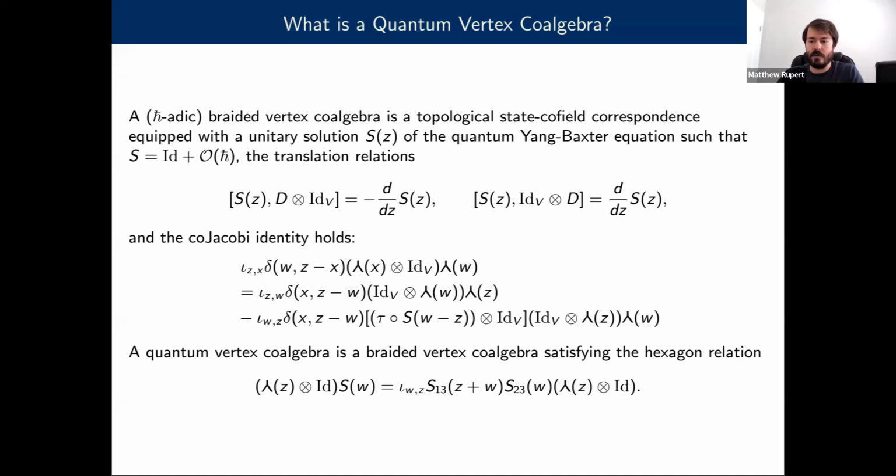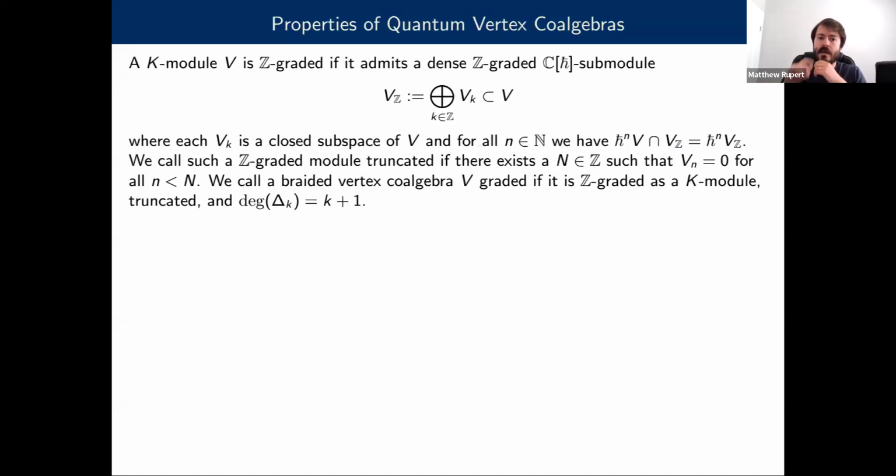And so what we need to do is impose a graded structure on the space, and evaluate by a homogeneous vector in the dual space, and then we can get things to vanish. So I'll mention quickly how we impose gradings on quantum vertex coalgebras, and then I'll talk a little bit about some properties of these objects.